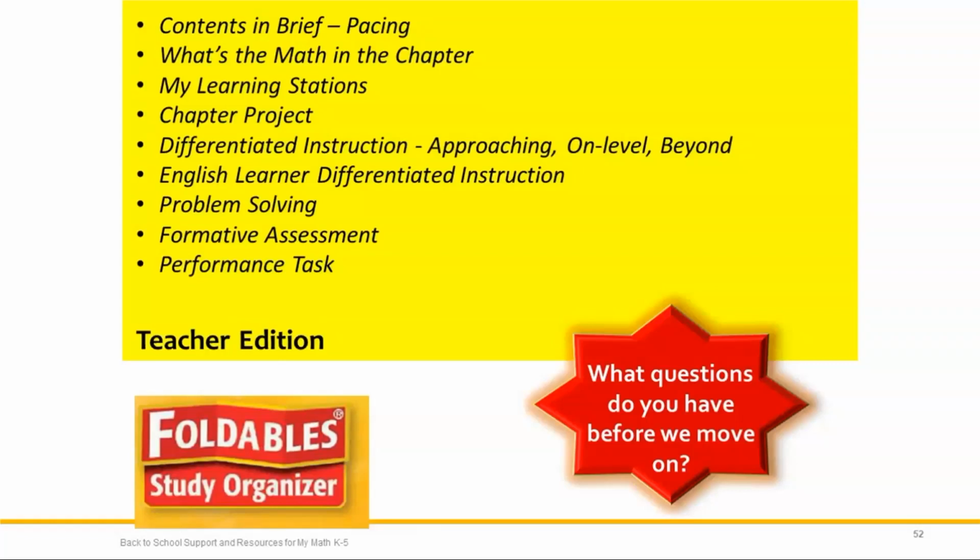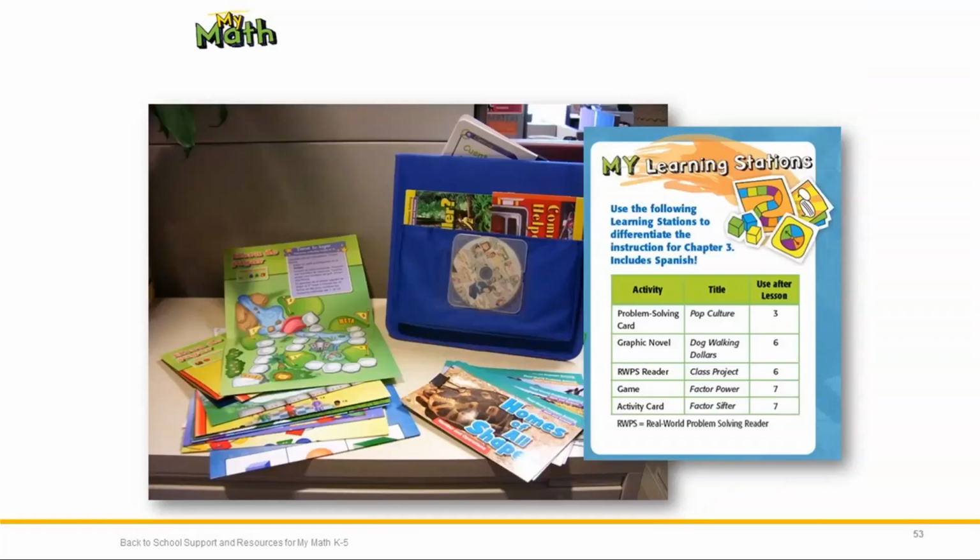You saw that you have built-in formative assessments throughout the lesson in your teacher's edition, and that one of the means of assessing your students is to challenge them with a performance task, which is also a part of your chapter, typically 2 days. So think about what additional questions you may have that center around what you just saw. And if you want to put those in the chat box, we'll look at them in just a second.